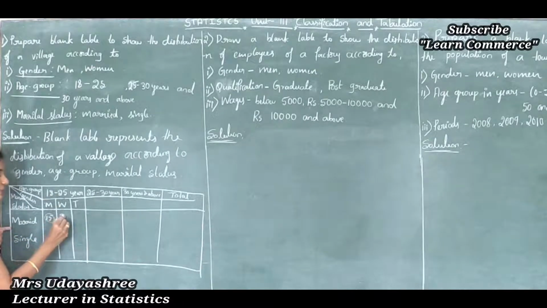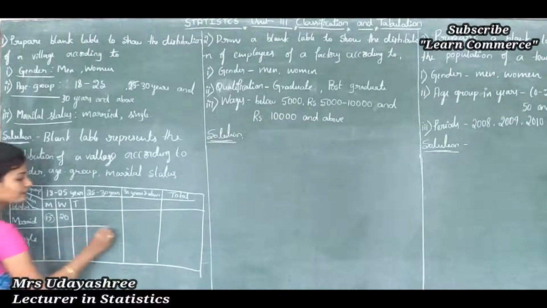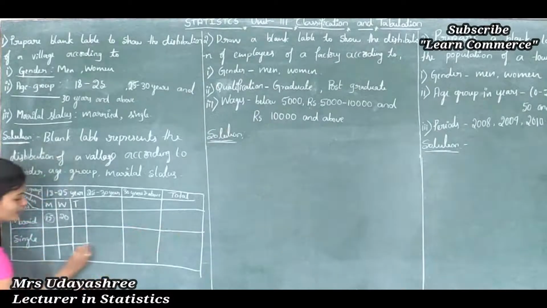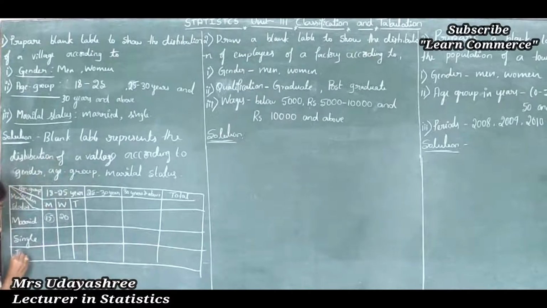Like that, if it is 20, in the sense what? If the number is 20 in this table, here 20 represents married women in the age group 18 to 25; the number of women is 20.